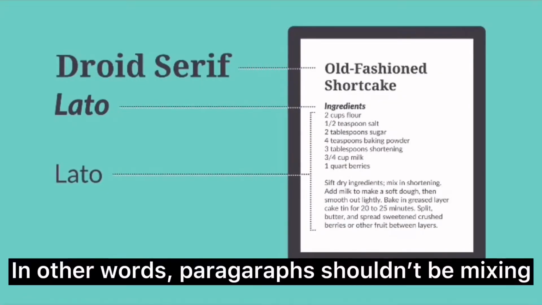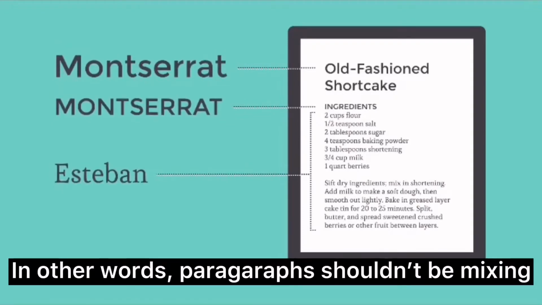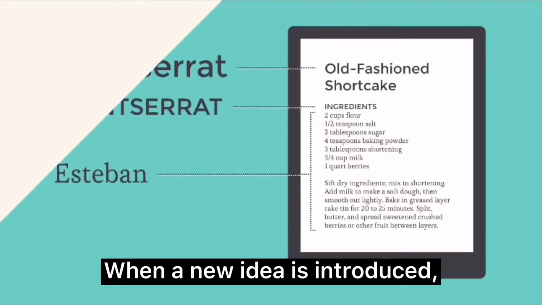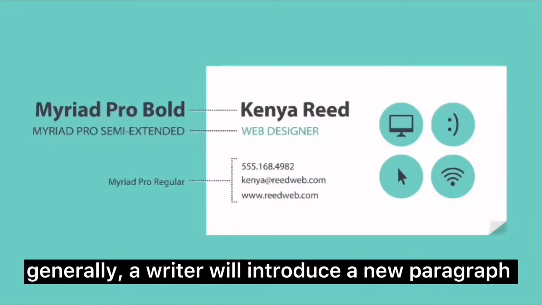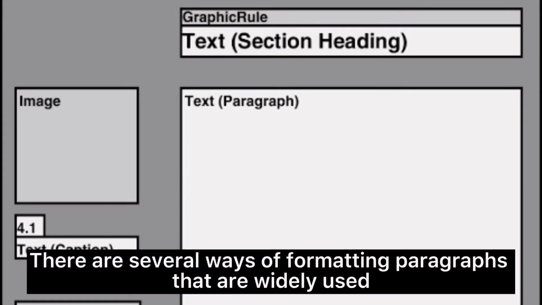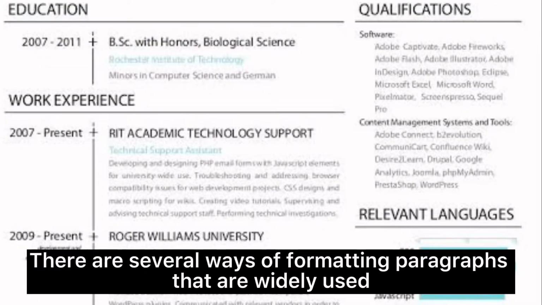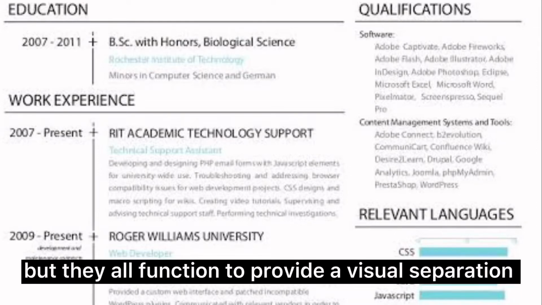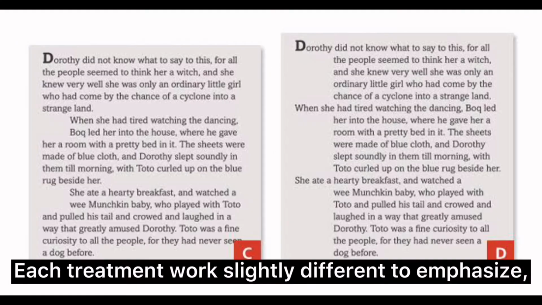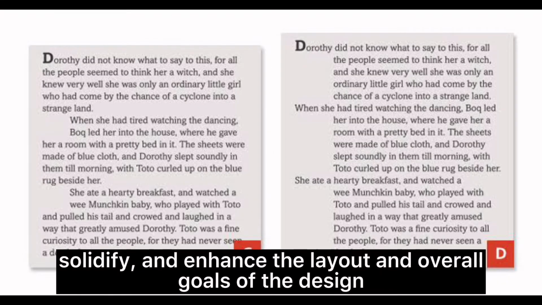In other words, paragraphs shouldn't mix thoughts or ideas. When a new idea is introduced, generally, a writer will introduce a new paragraph. There are several widely used ways of formatting paragraphs, but they all function to provide a visual separation. Each treatment works slightly differently to emphasize, solidify, and enhance the layout and overall goals of the design.